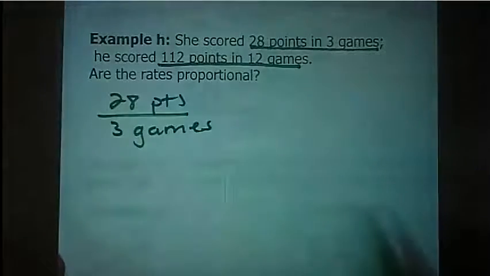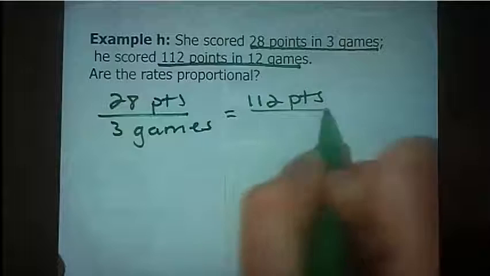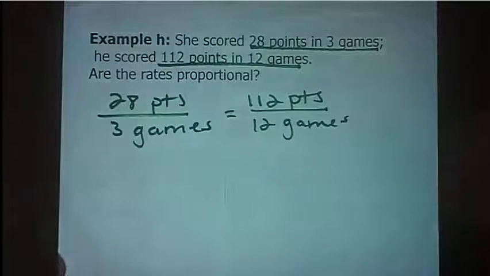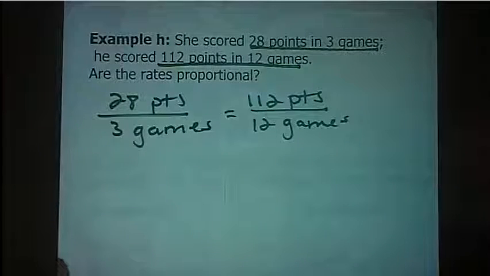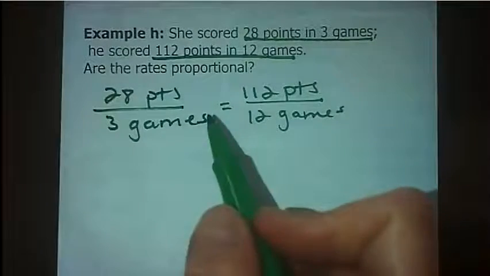He scored 112 points in 12 games. So again, 112 points, dependent, over 12 games, independent. All right, so I think I'm going to go with the cross products property on this one. I want to know, are these equivalent?